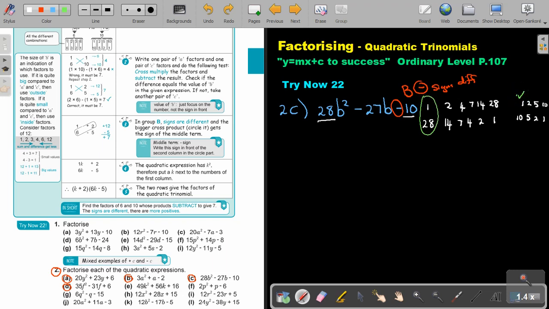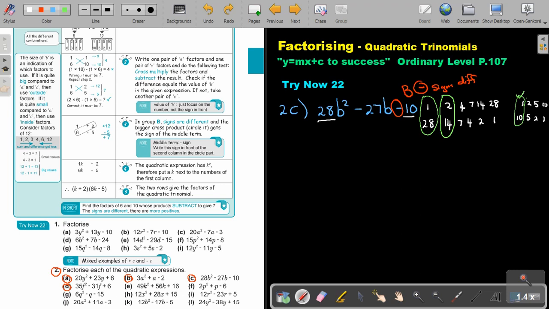Sometimes it's better to encircle it. So if I'm going to look, I must subtract. So this is going to be 28, 10. No, it's not going to work. If I look at this, too big. No, I don't have a good feeling for that one. Okay, let's look at this one. This one is going to be 14 and 20.